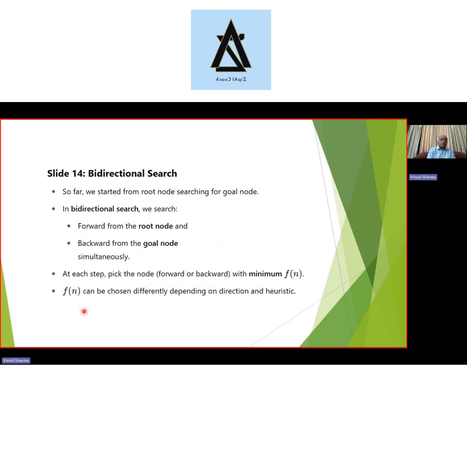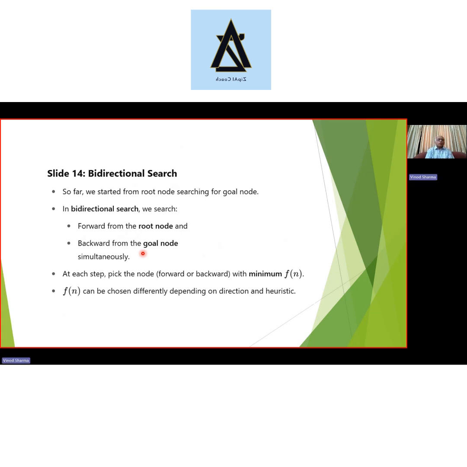Now, what function f to choose? Earlier, we have seen three different possibilities, and those gave different algorithms. What you can do here is choose f(n) for the forward direction as one of these three possibilities, and in the backward direction you can pick another one.